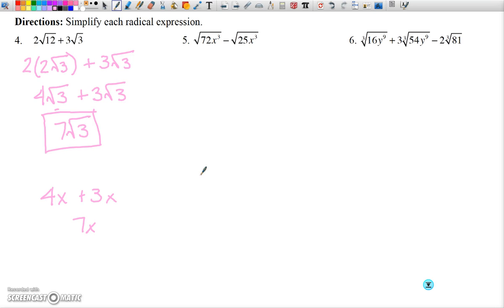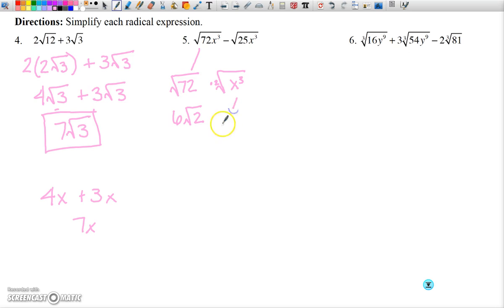All right, now when we go into our next problem here, we have the square root of 72x cubed. So we start with simplifying the square root of 72. I'm going to split this into the square root of 72 and the square root of x cubed first. So the square root of 72 comes out to 6 times the square root of 2. X cubed is not divisible by 2. Remember your little index of 2 here?